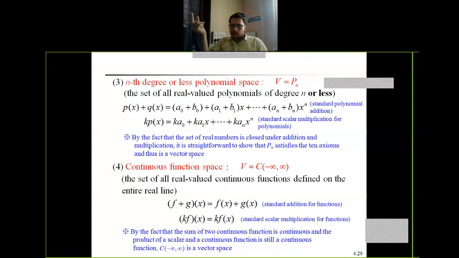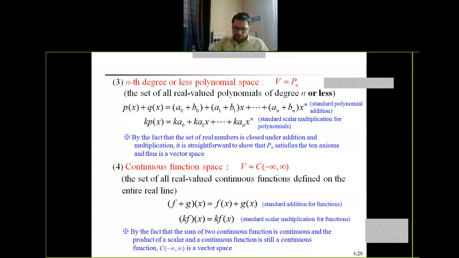So this is also closed under scalar multiplication. Considering that both operations are satisfied, we will say that this continuous function space is a vector space.